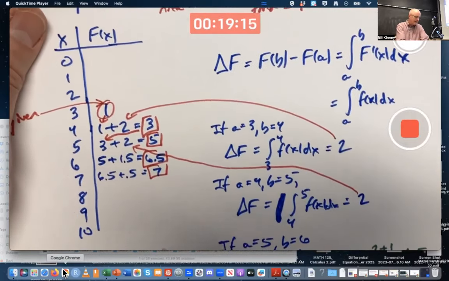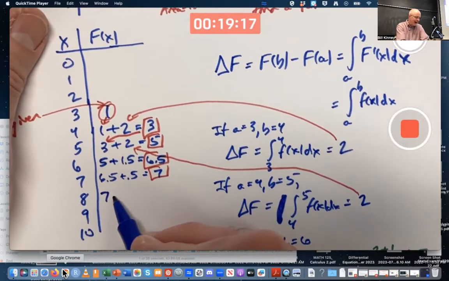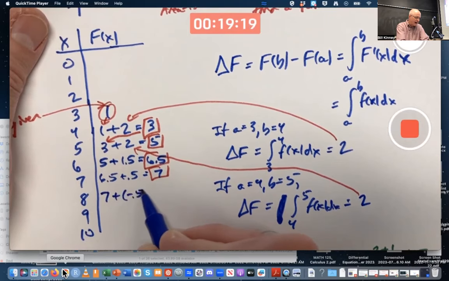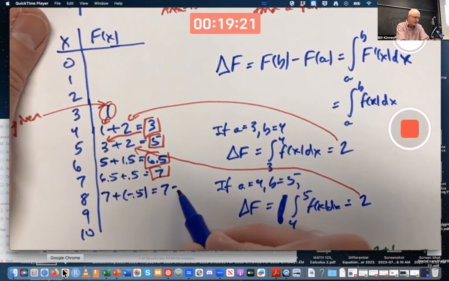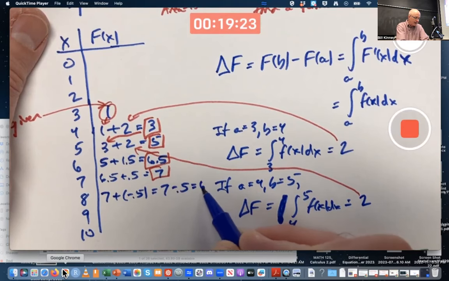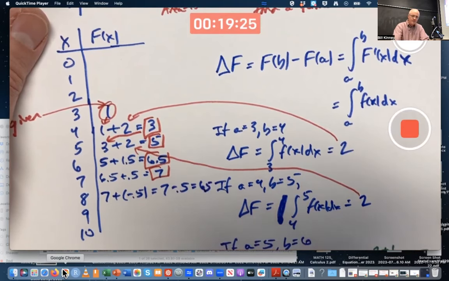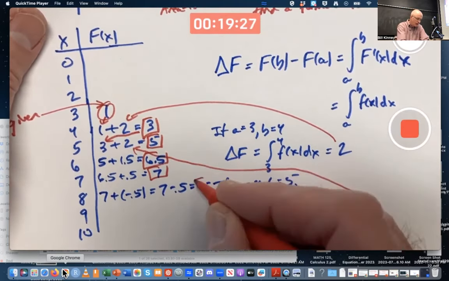So when you take the previous value, 7, and add on the value of the integral, negative 0.5, that's like doing a subtraction. It brings you back down to 6.5. 6.5 is what I'm trying to write there. That's a decimal that you can hardly see.